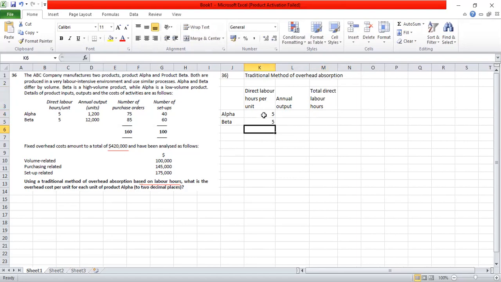Five, five, and output is given as 1,200 and 12,000. So how many hours would be required?